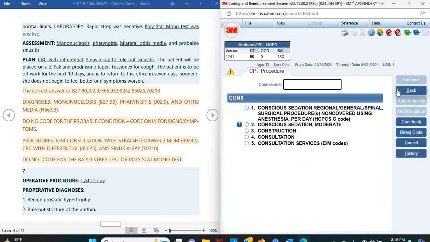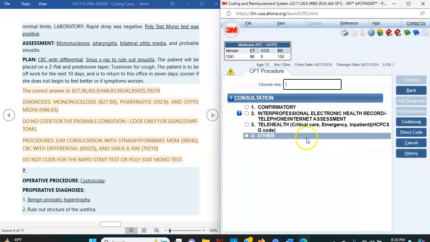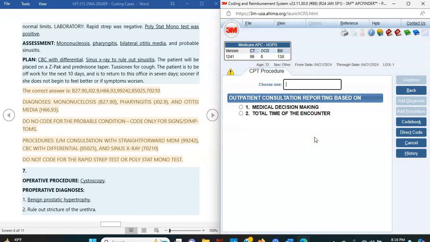Let's do consultation services, EM codes. Other, office outpatient, medical decision making because no time was put on there. This is what I struggle with actually, is deciding what the medical decision making was based off the documentation. I think I got this wrong. It says that it is straightforward.